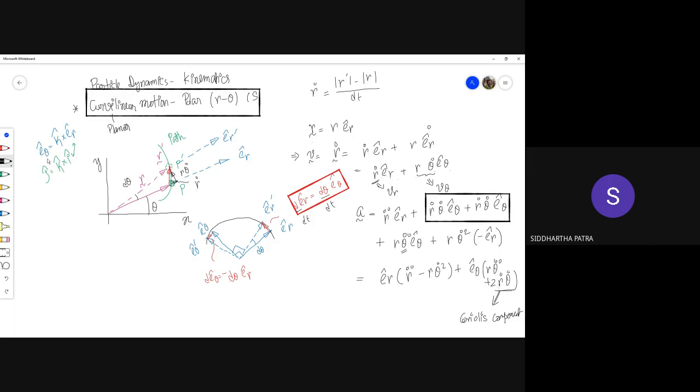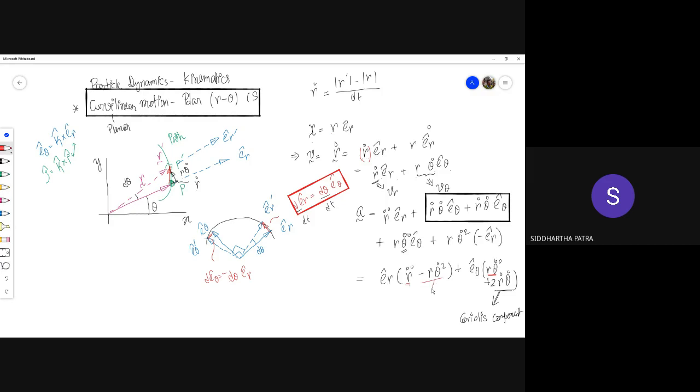This component you can identify is due to the angular acceleration itself, and this component is the rate of change of r dot. You can imagine this is the length of the position vector, the rate of change of that is r dot, and the rate of change of that would be r double dot. So r double dot is that term right there.